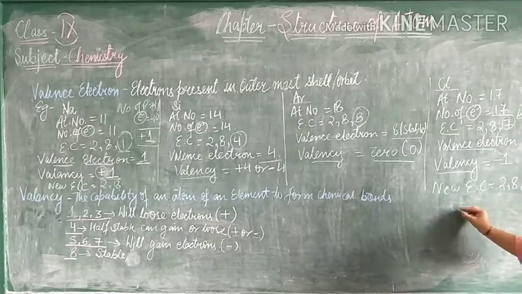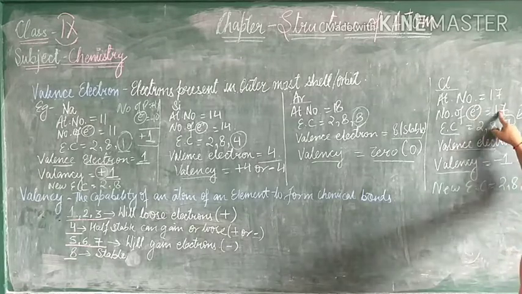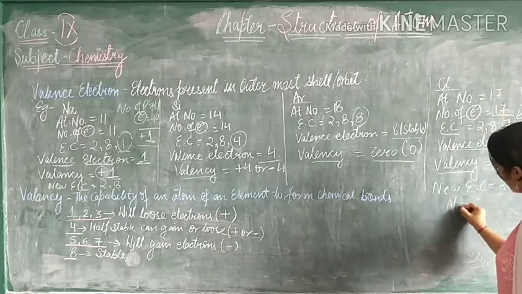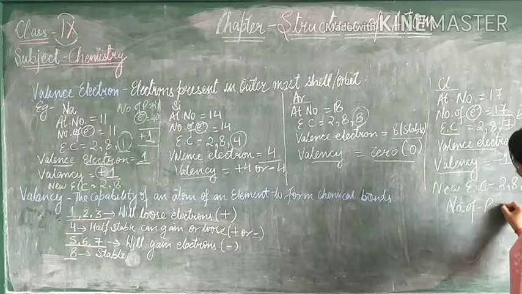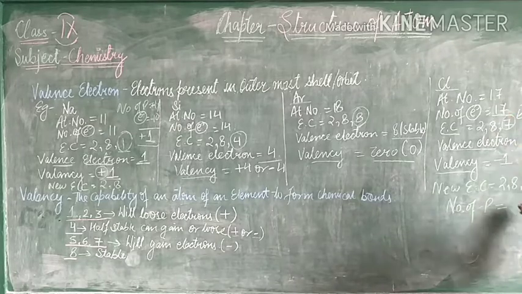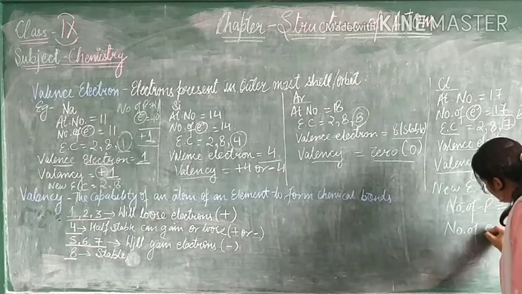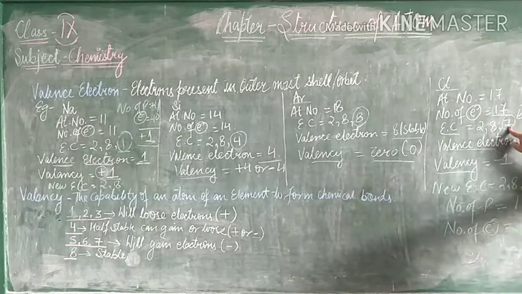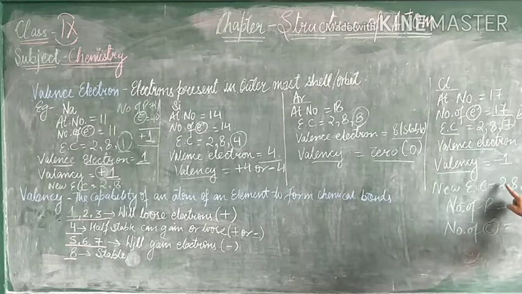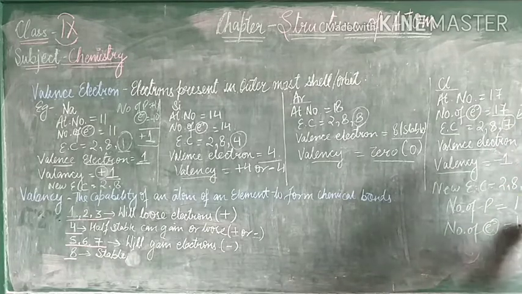Okay, so number of electrons is 17, but number of protons पहले कितने थे? Protons will be 17 only. But now the number of electrons will change because it has gained 1 electron. That means यहाँ पे क्या हो गया? 8 plus 8, 16, 17, 18. So now it is 18. Protons are of plus sign and electrons are of negative sign.